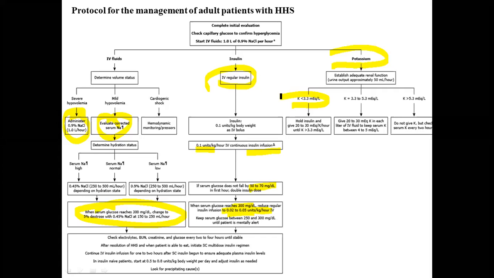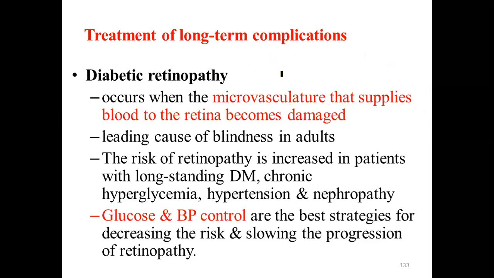Between 3.3 and 5.3, we can give 20 to 30 milliequivalents in each liter of IV fluid to keep the serum potassium between 4 and 5. If above 5.3, we don't give any potassium, but we need to monitor every 2 hours. So the front line in HHS management is fluid, insulin therapy, and potassium replacement.